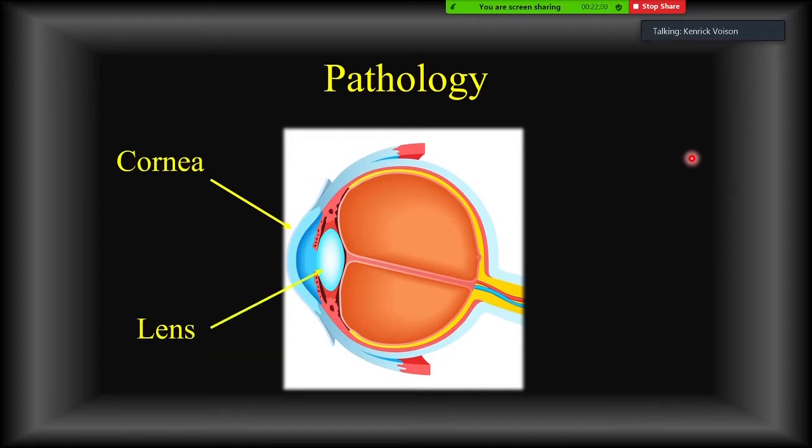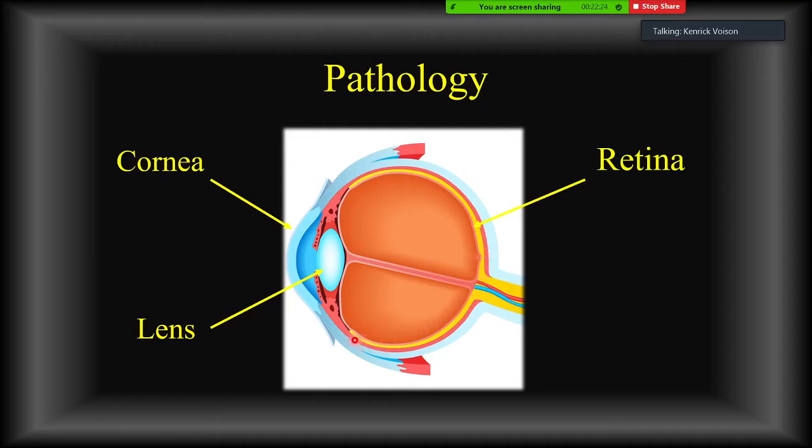Then we have the lens, which is inside of the eye. It's right behind what we call the iris. So we have the iris here, that's the brown or dark part. We know some people have light blue eyes, etc. That's the iris in front. Inside of that, we have the lens. The other thing I want you to remember is the retina. It's at the back of the eye. We call it the light-sensitive part of the eye.